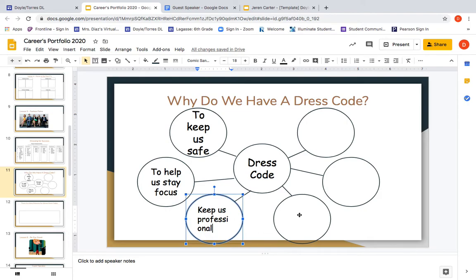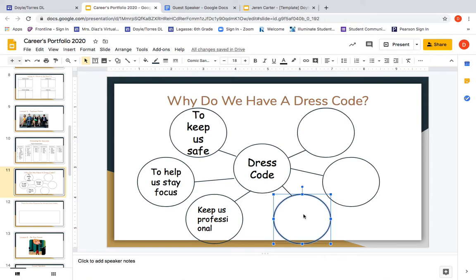We want to be representatives of Galileo Academy, so we try to keep our appearance clean and looking good, right? Okay, so another reason for a dress code we'll put right here.